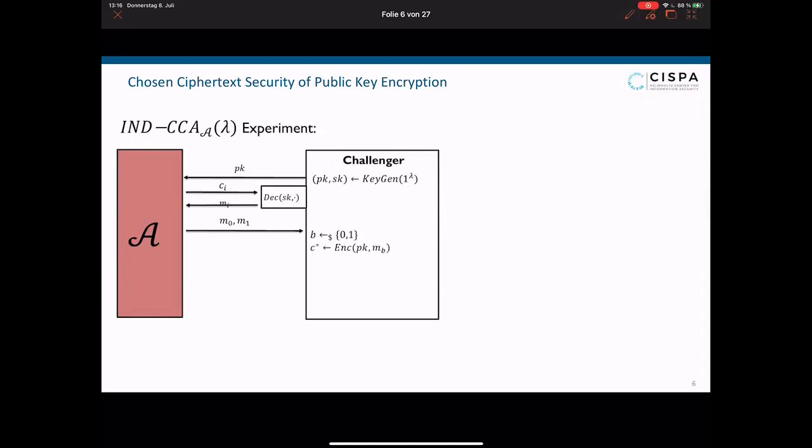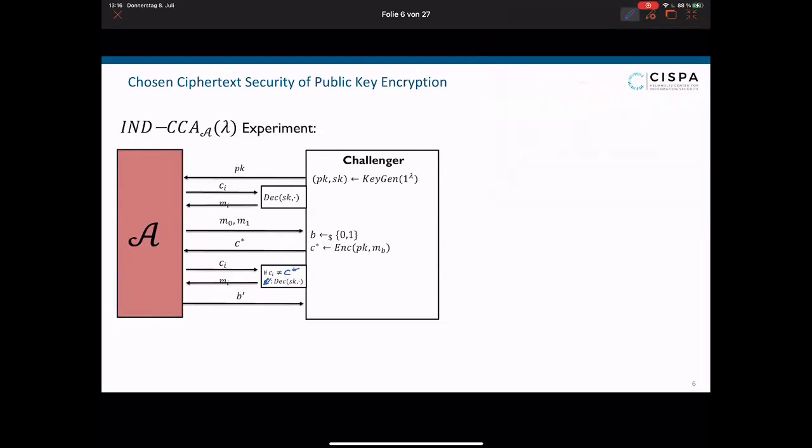The challenger does the usual: flip a random bit B, encrypt MB, and give him C star. Then in the second phase, we give the adversary again access to a decryption oracle, which decrypts every ciphertext except the challenge ciphertext, right? C star is not decrypted. Everything else is properly answered by the decryption oracle.